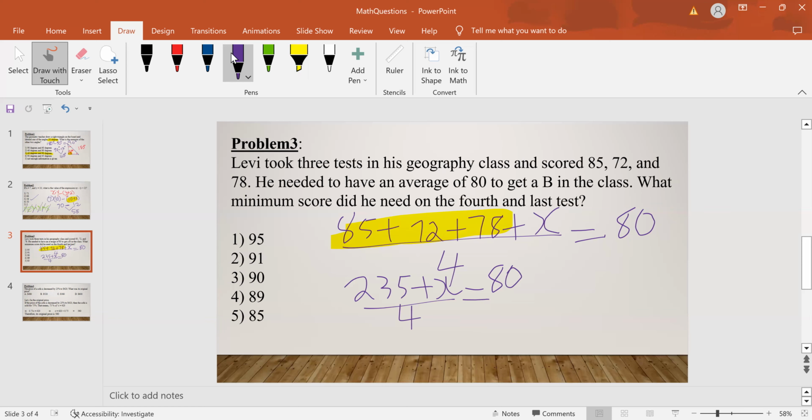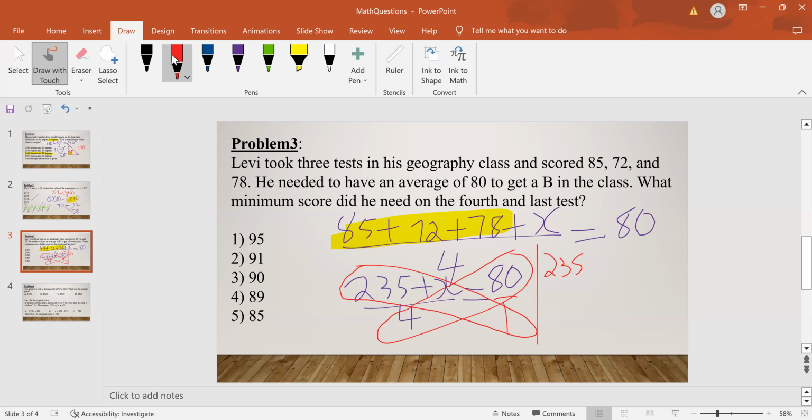Now we're going to cross multiply because 80 is the same as 80 divided by 1. So this is a proportion. As a proportion, 235 plus x multiplied by 1 is the same as 4 multiplied by 80.